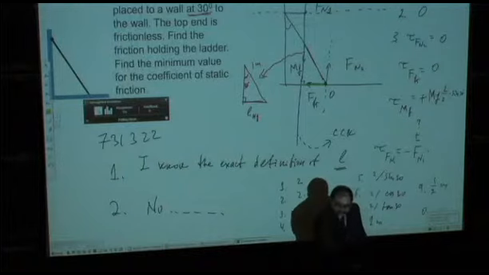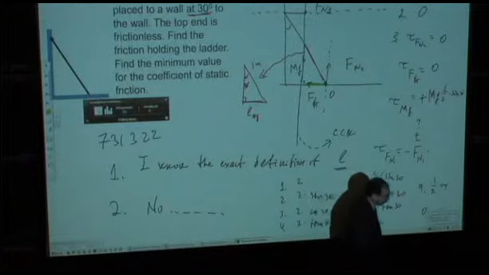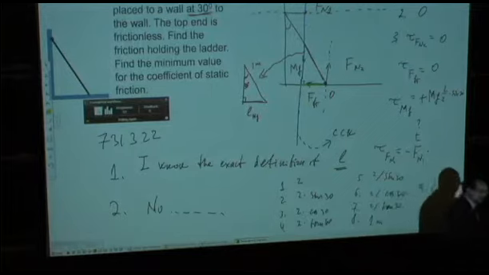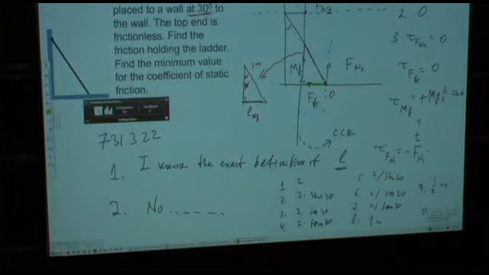Make sure that this line is perpendicular to the line of action. And as a result, what you get, that's the lever arm. Then you should look at it, find a right angle triangle, use that triangle to calculate the length of that lever arm to relate it to known values like the length of the ladder, for example. You know, the length of the ladder is equal to 2 meters.